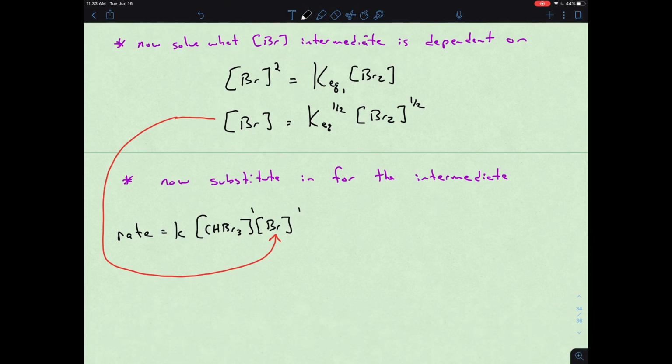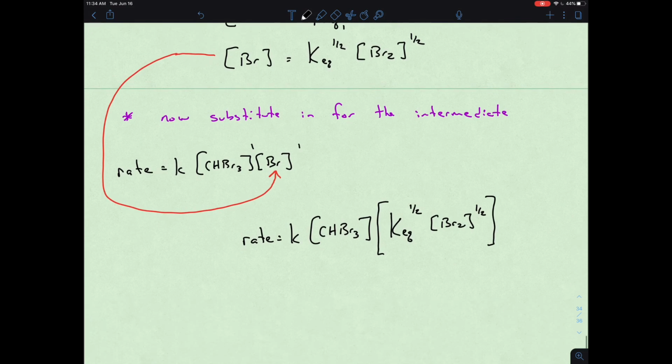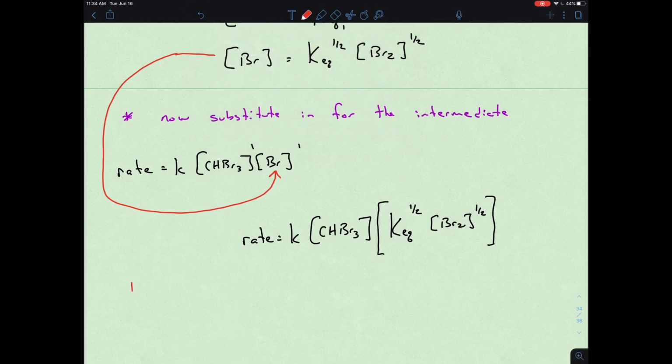So now our rate is equal to little k times CHBr3 times our first equilibrium constant to the 1/2 power times Br2 to the 1/2 power. So now basically all are true starting materials.